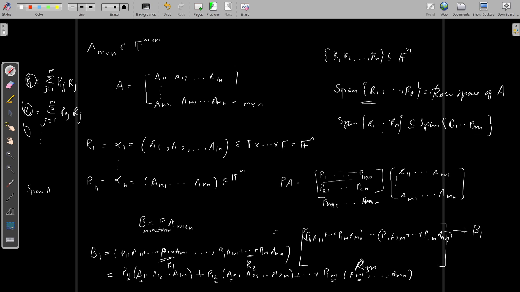So this is the row space of A and this is the row space of B.